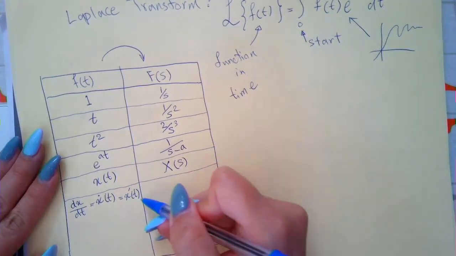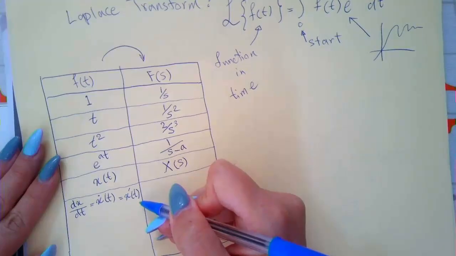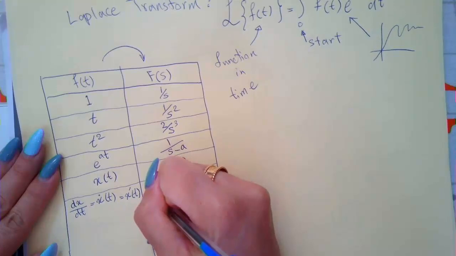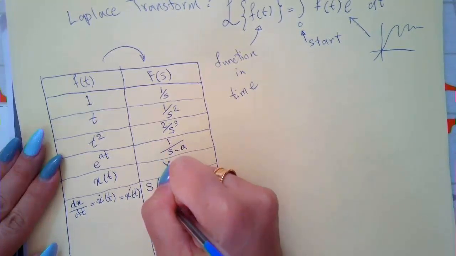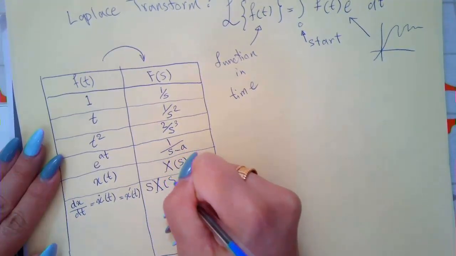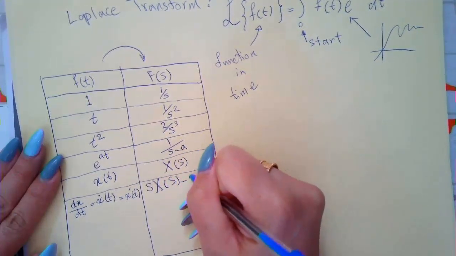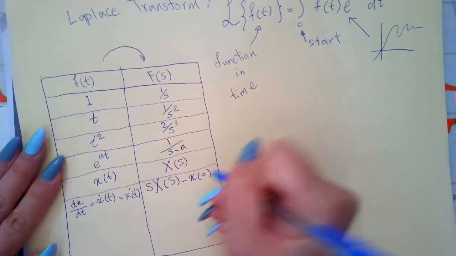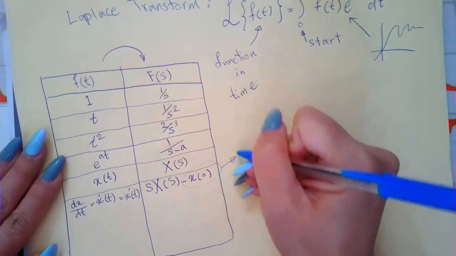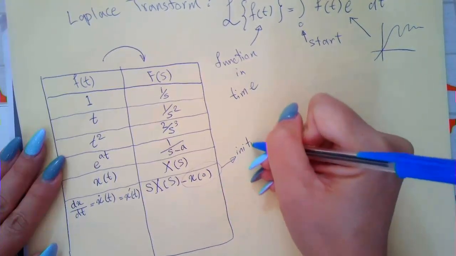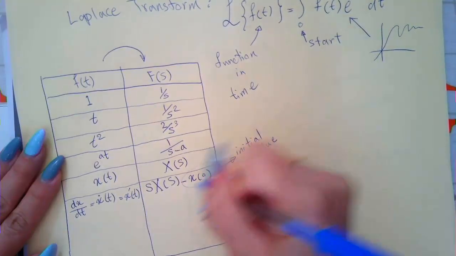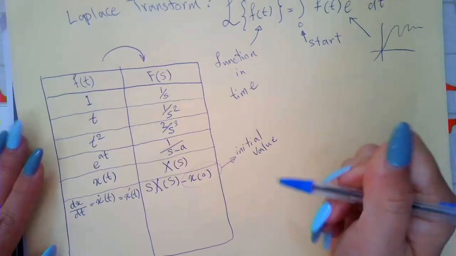So that is going to be transformed to s times capital X of s minus small x of 0. Someone might ask, what is that? This is the initial value that I mentioned previously, which is really important for many cases.